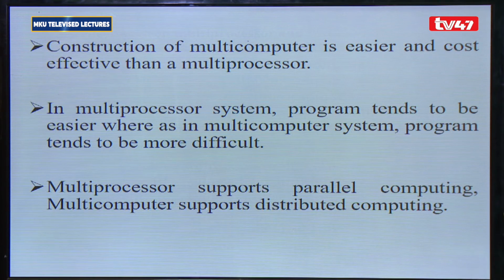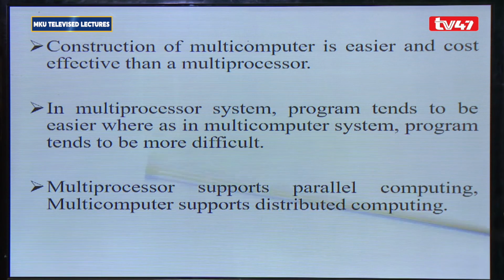The construction of a multicomputer is much easier and more cost-effective than a multiprocessor, and that's why we have said it's ideal for a distributed system. In a multiprocessor system, programming tends to be easier as compared to the multicomputer, so programming tends to be more difficult there, right?